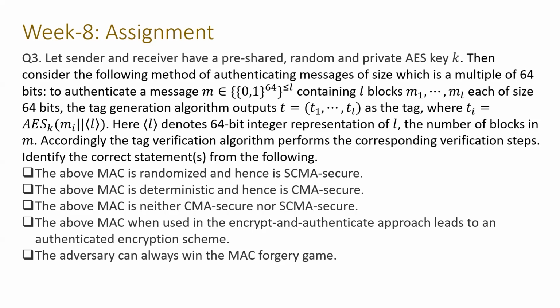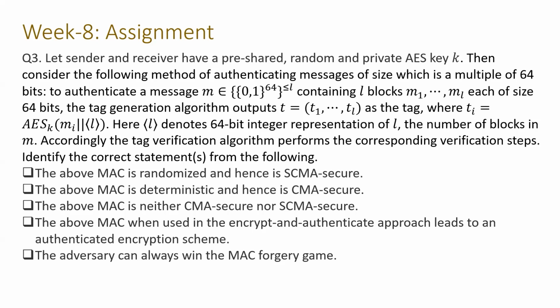Now, if we try to generate a valid message-tag pair corresponding to messages M2 and M1: what we have seen till now is the tag for M equal to M1 M2 being T1 T2. Now we output a valid message-tag pair, M2 M1 with tag T2 T1.